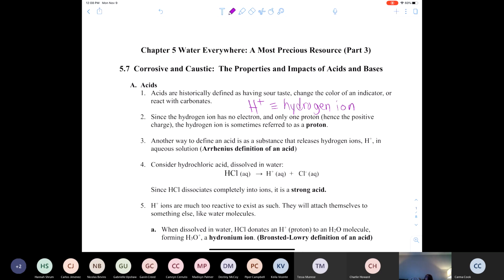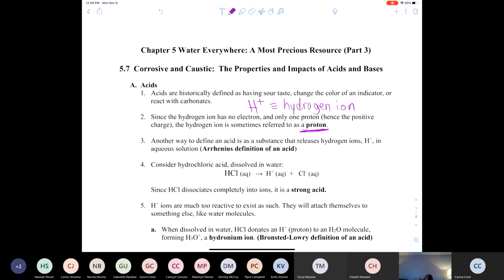The hydrogen atom has only one electron, and when it loses that one electron, it becomes H with a +1 charge. And therefore it becomes an ion. And because now it has no electrons, but it still has its one proton, the H+ hydrogen ion is often referred to as simply a proton.